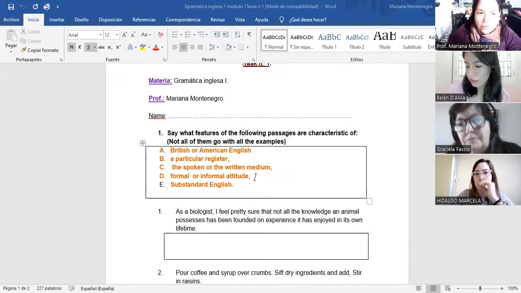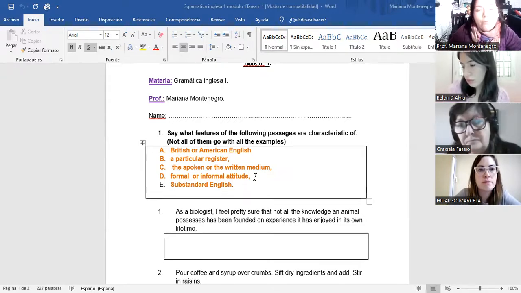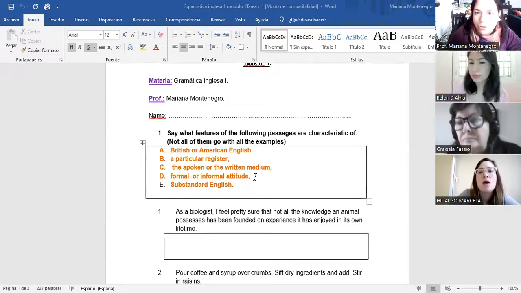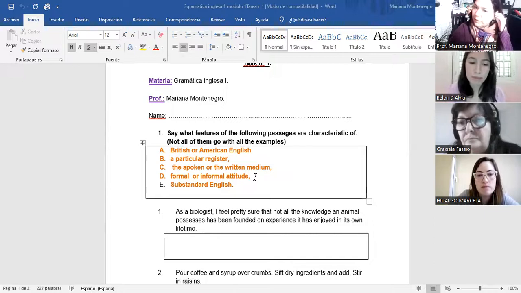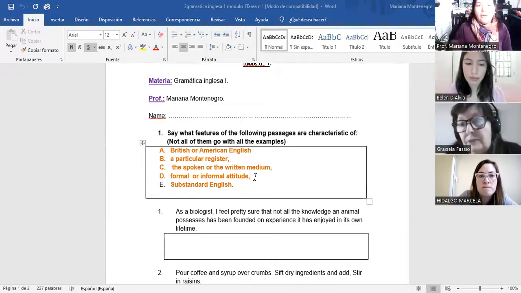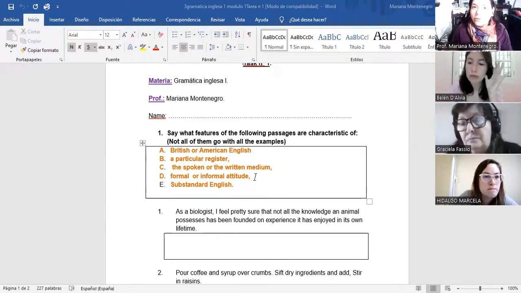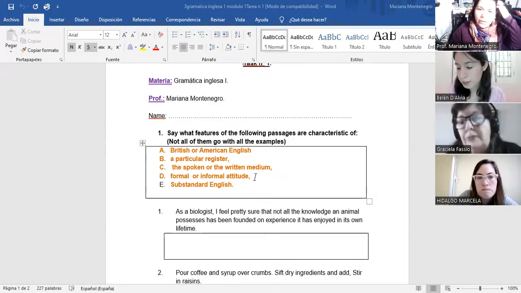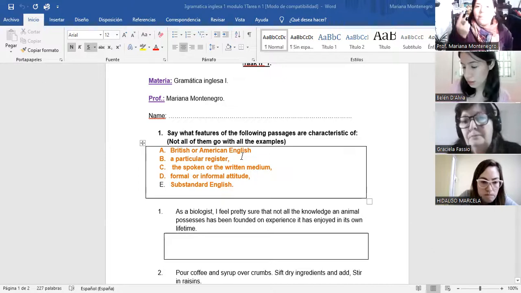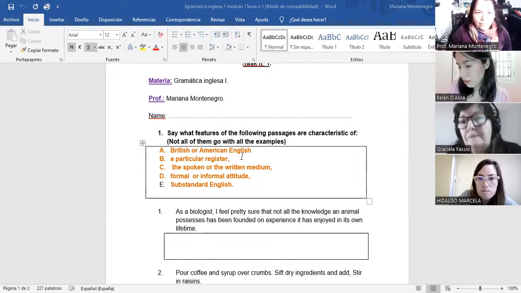In substandard English, an example would be he don't play football, instead of saying what? Is it correct if I say he don't play football? He doesn't. He doesn't. So if it is written he don't play football, you realize that it is substandard English, because it has a mistake. But sometimes you can find one feature or two, and that's all.